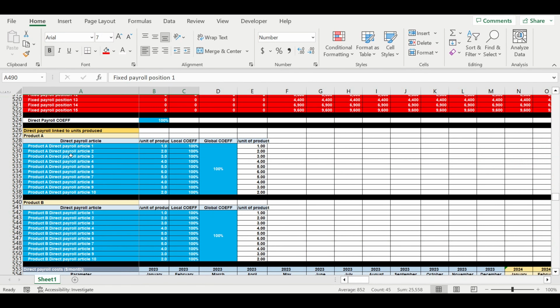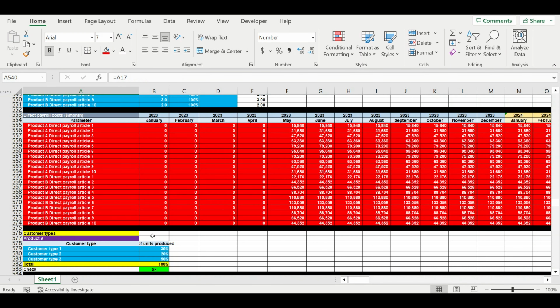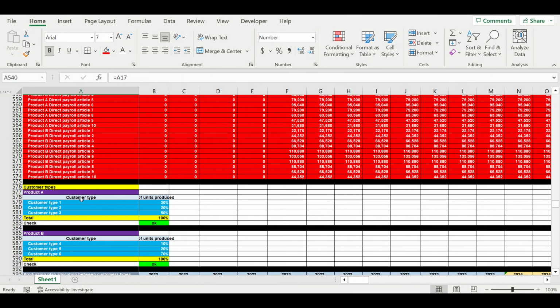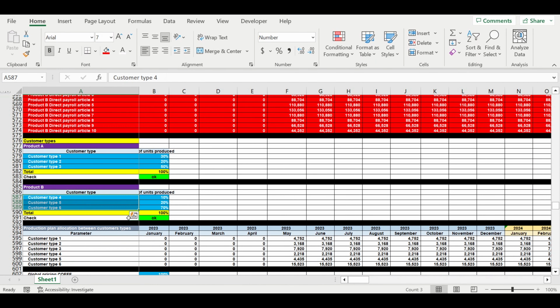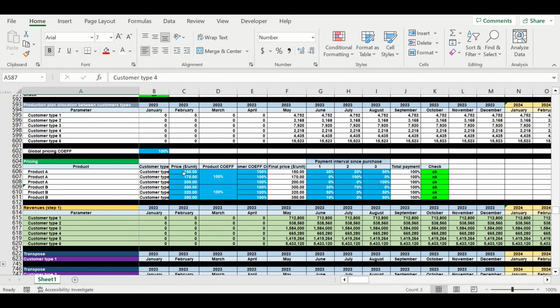Then we moved to the payroll linked to the amount of units of products sold and produced, product A and product B. Then we moved to the revenues and assumed that we have different types of customers for product A and product B, and we may have different prices for different types of customers and different types of payments for different types of customers.